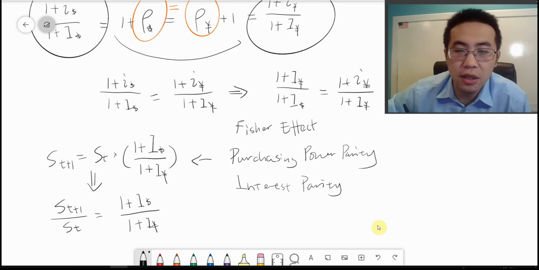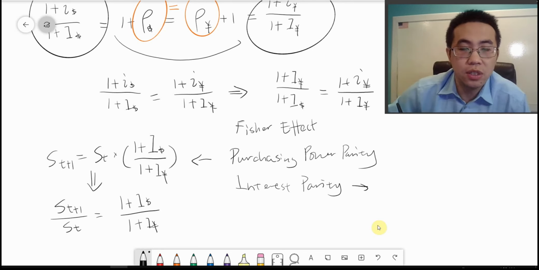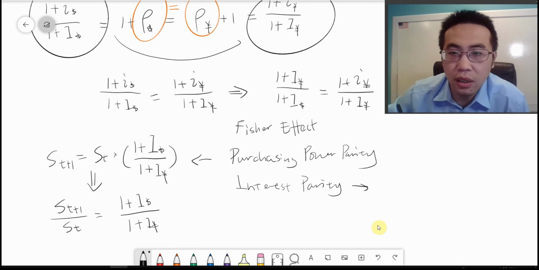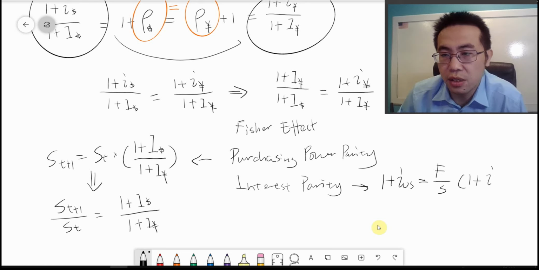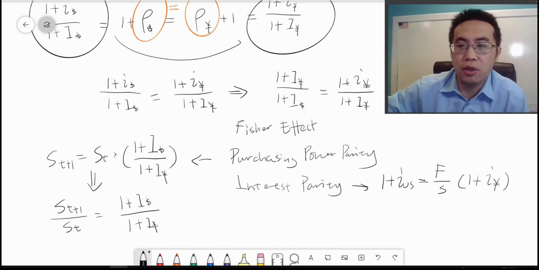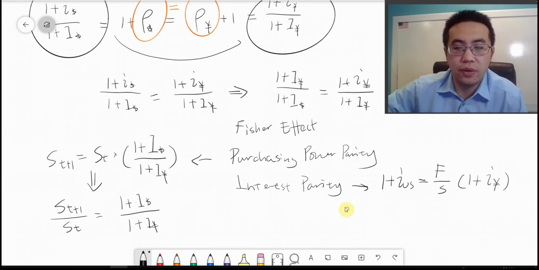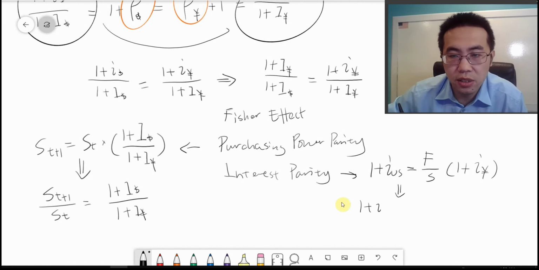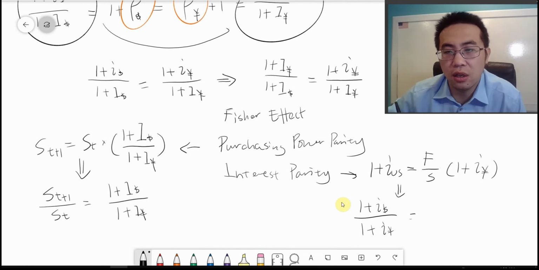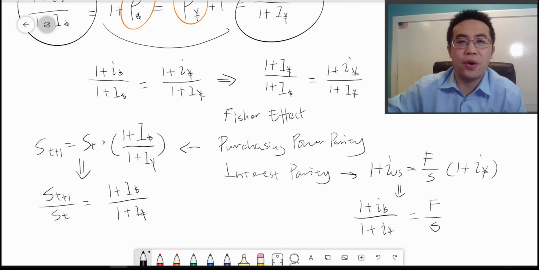And under interest rate parity, 1 plus the US interest, which is nominal interest, of course, with inflation incorporated, equals the forward rate over the spot rate times 1 plus the foreign rate. Again, let me use the Japanese yen to represent the foreign rate. If you rewrite that, it would be 1 plus the dollar interest over 1 plus the yen interest equals the forward rate over the spot rate.